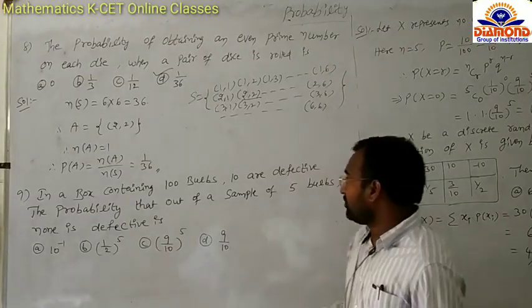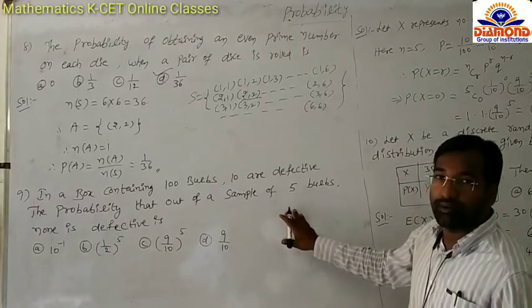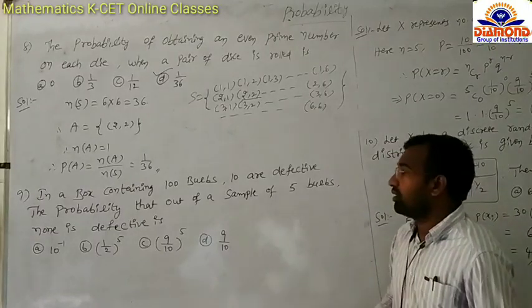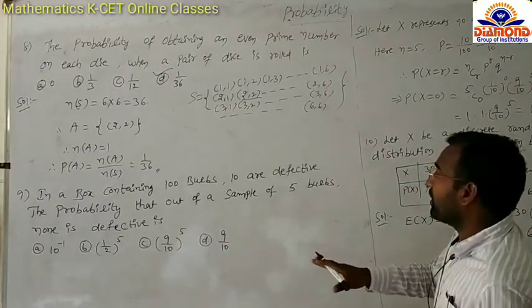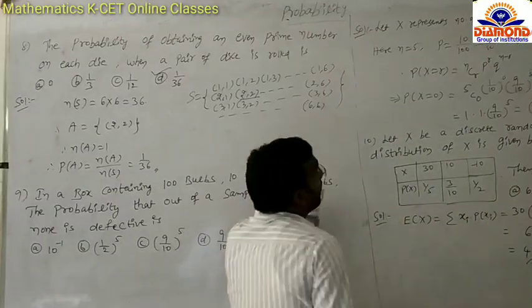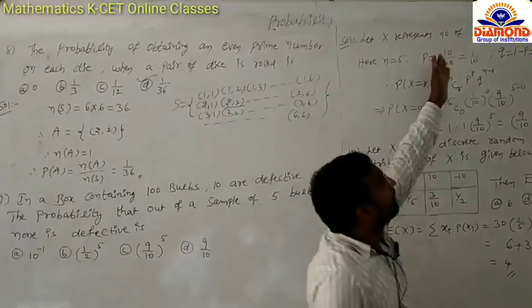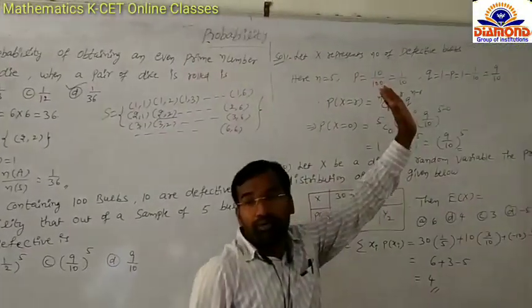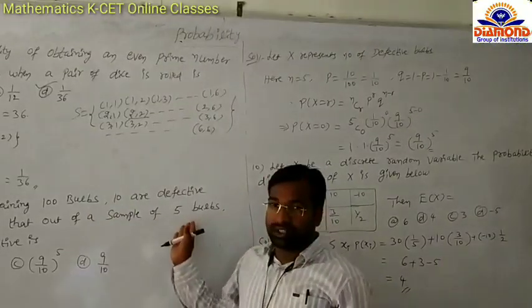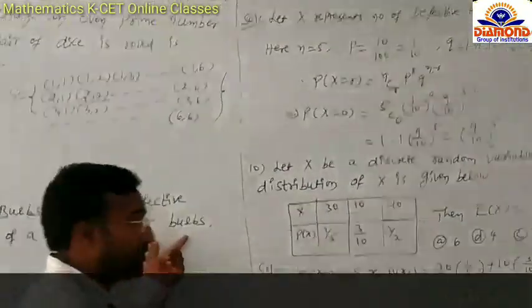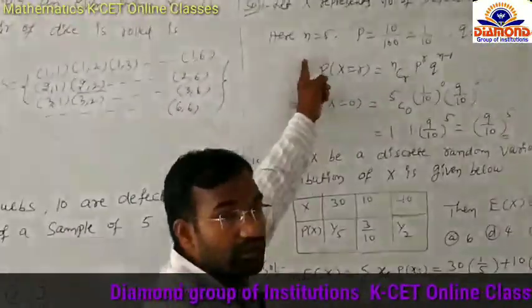So this problem depends on the binomial distribution, which belongs to Bernoulli trials. So here X represents the number of defective bulbs. Out of 100 bulbs you take a sample of only 5 bulbs. That's why you can take the n value as 5.